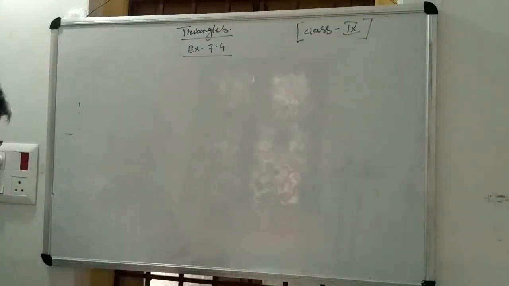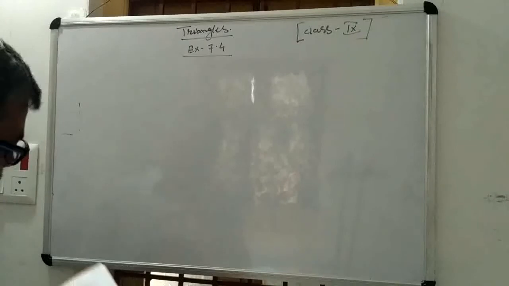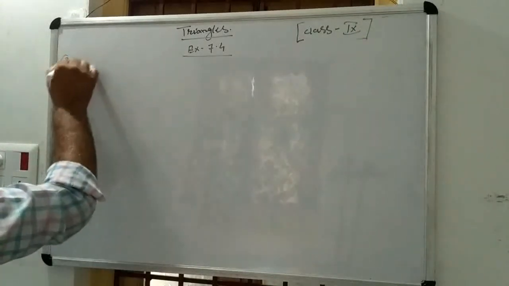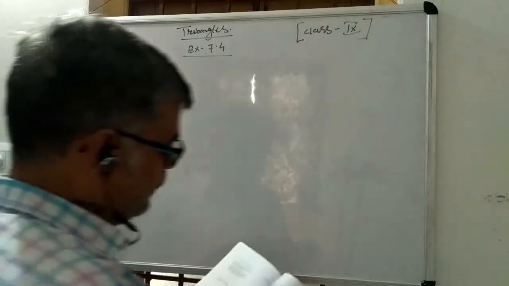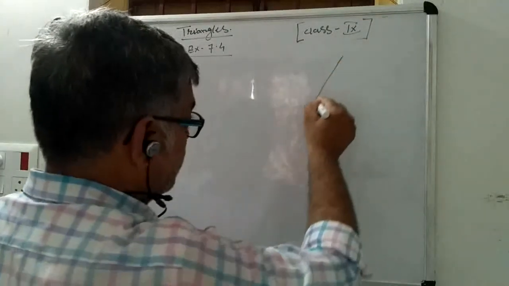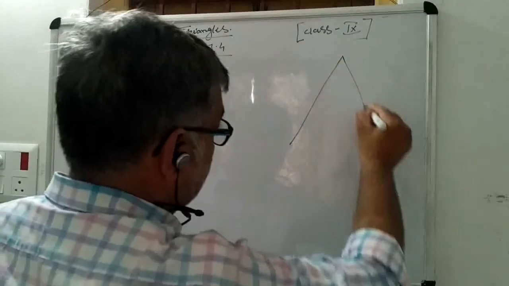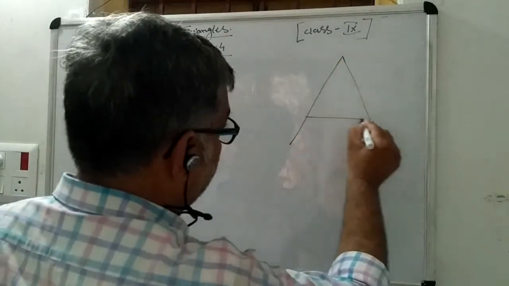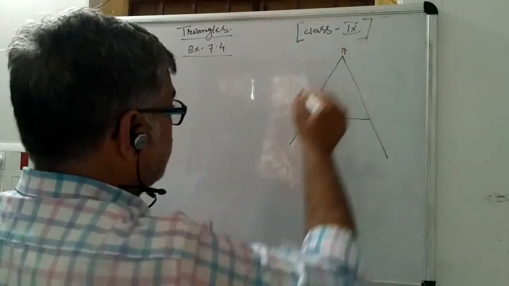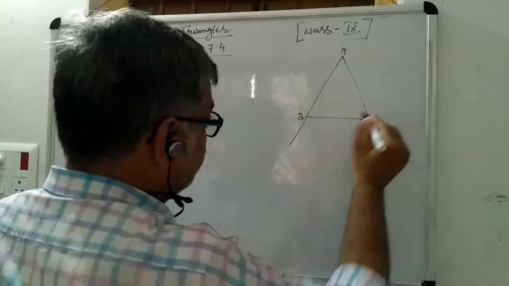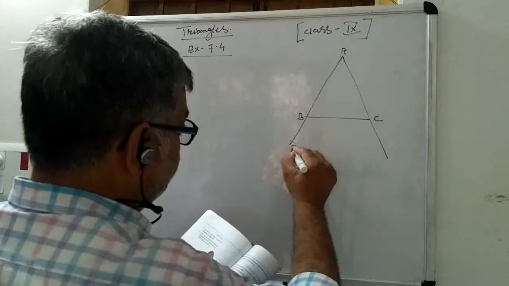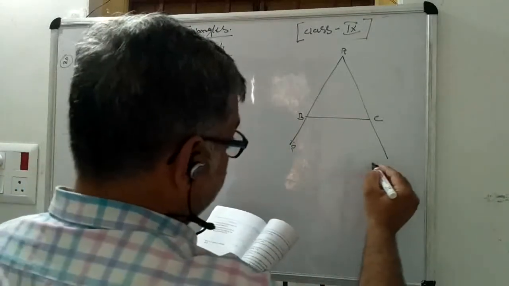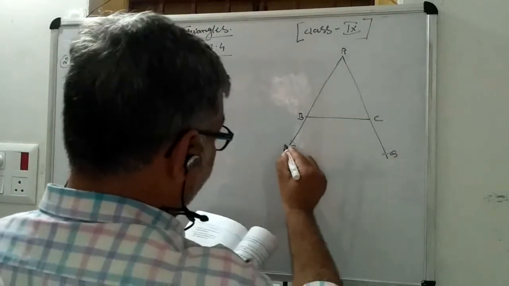In the figure given, first we draw a figure. Suppose this is a triangle ABC, and side AB is produced to P and side AC is produced to Q.